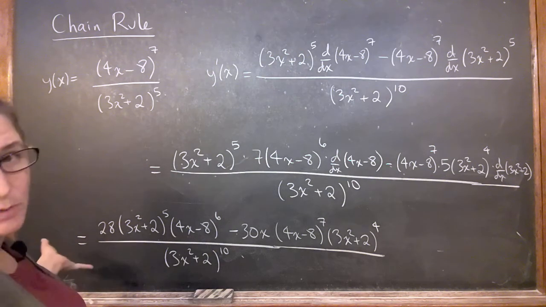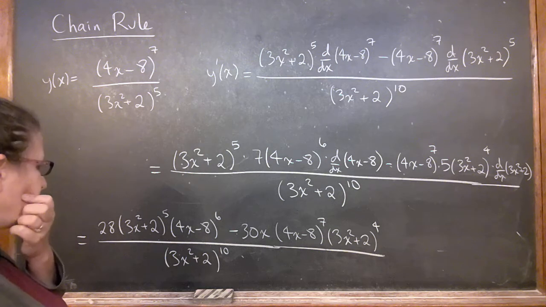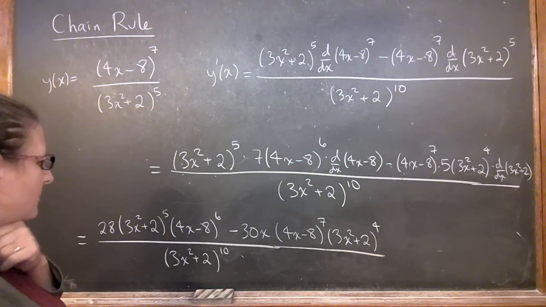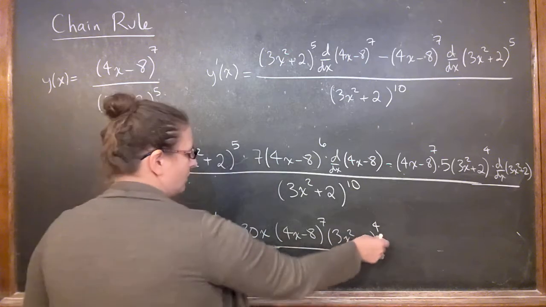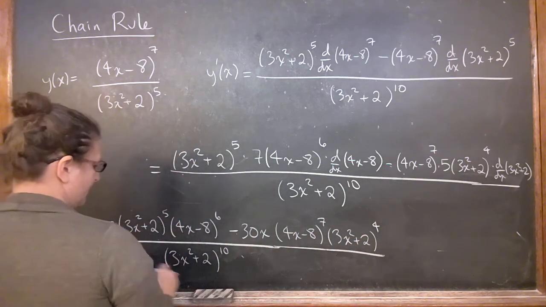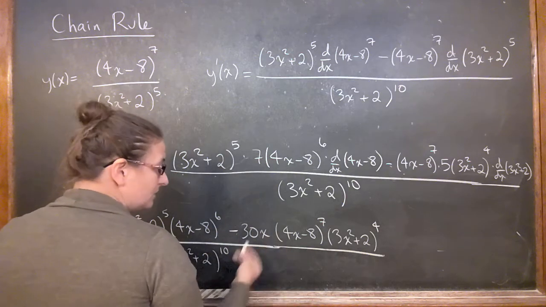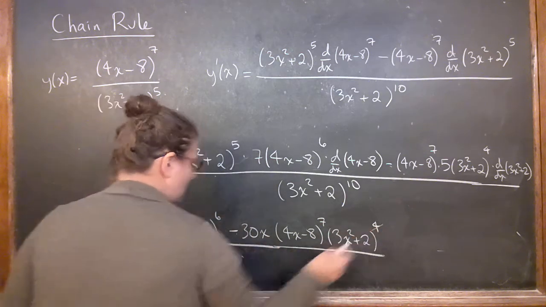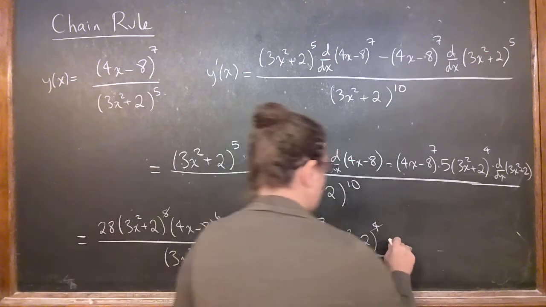And again, if you want to leave it like this, it's okay. We can notice that we can also do a little bit of work in terms of cleaning this up. There's 4 of these, 5 of these, and 10 of these. So I can pull out 4, boom, boom, boom, right?